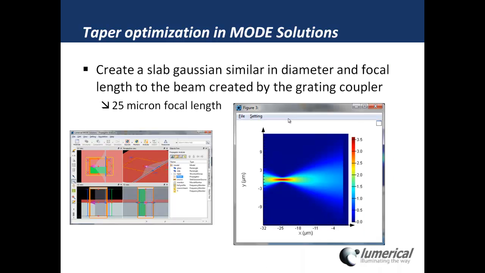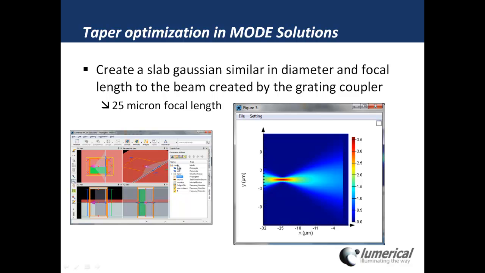So to do this optimization, what I did was I started with a Gaussian slab beam in the Mode Solutions 2.5D propagator. And this propagator is really ideal for propagating light in slab modes like this. In fact, it has no approximations for this type of propagation. And so I created a beam that was focusing and of approximately the same diameter that we'll have coming out of the grating coupler.